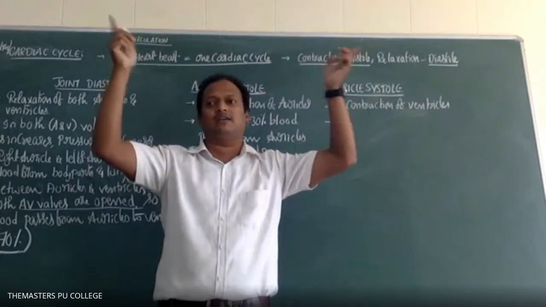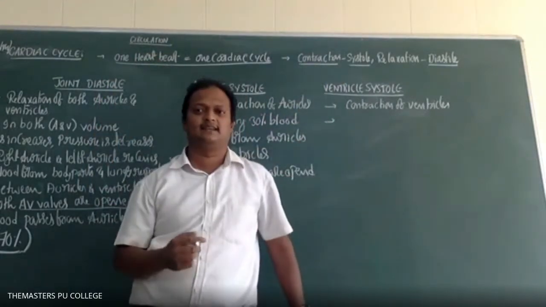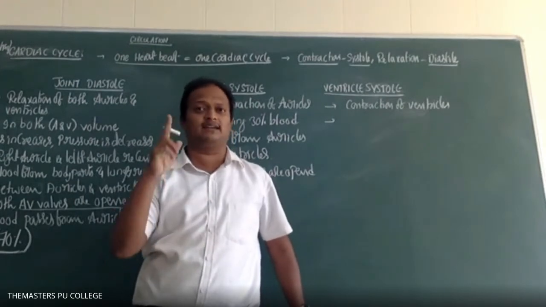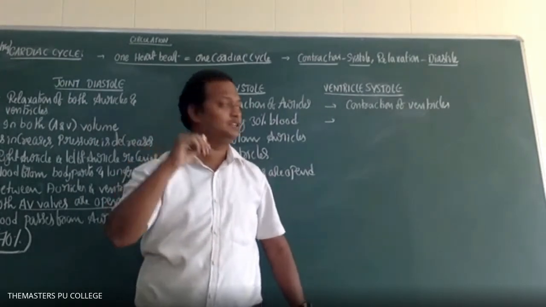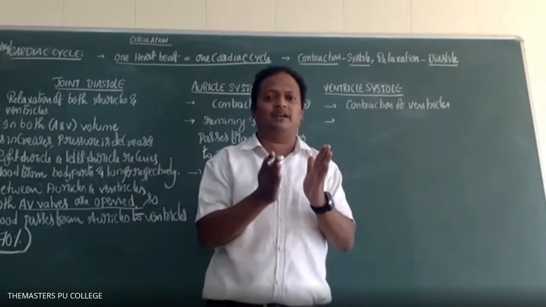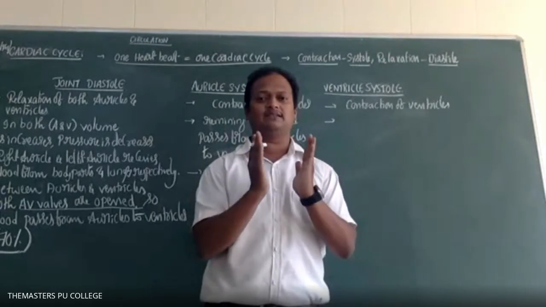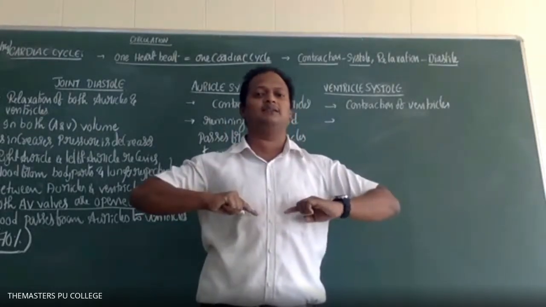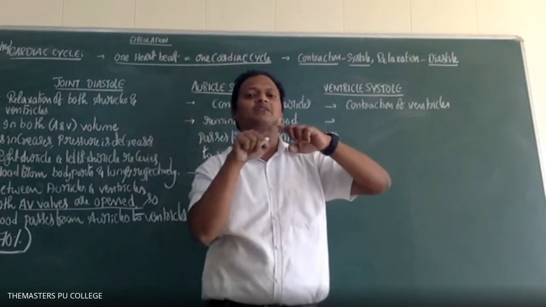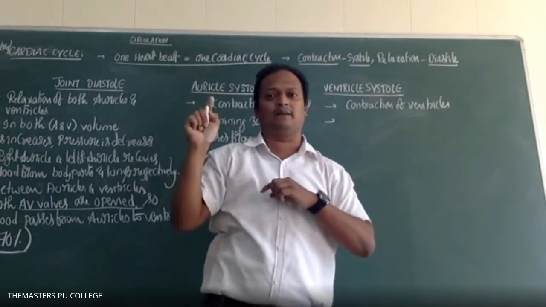Not back to the auricles, but to the aorta and pulmonary artery. That point you need to remember. Whenever both ventricles are contracted, blood passes from the right ventricle to the pulmonary artery, and from the left ventricle to the systemic aorta.